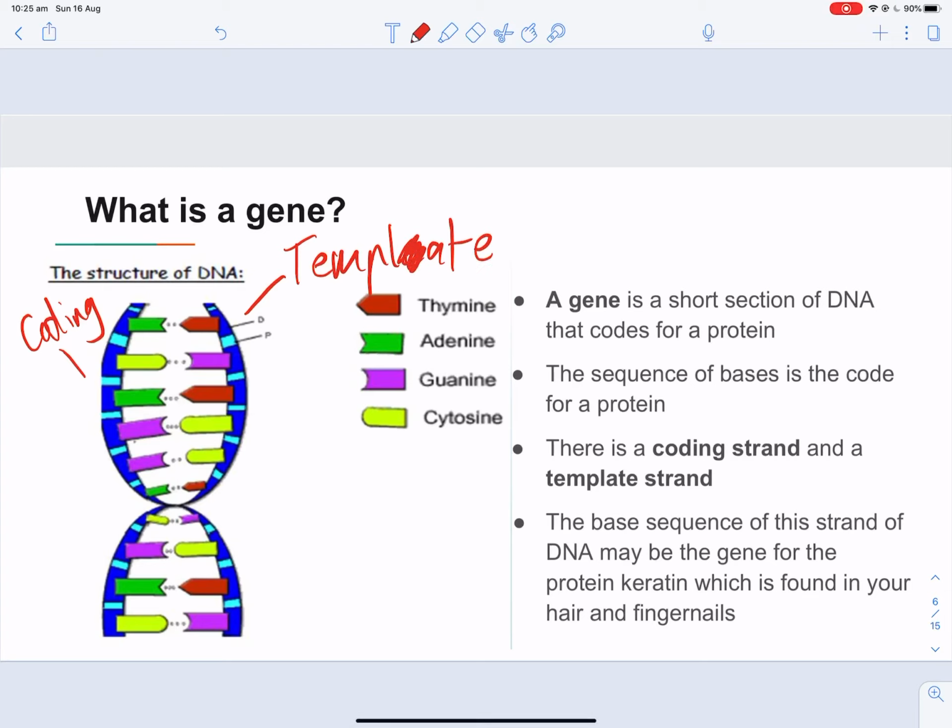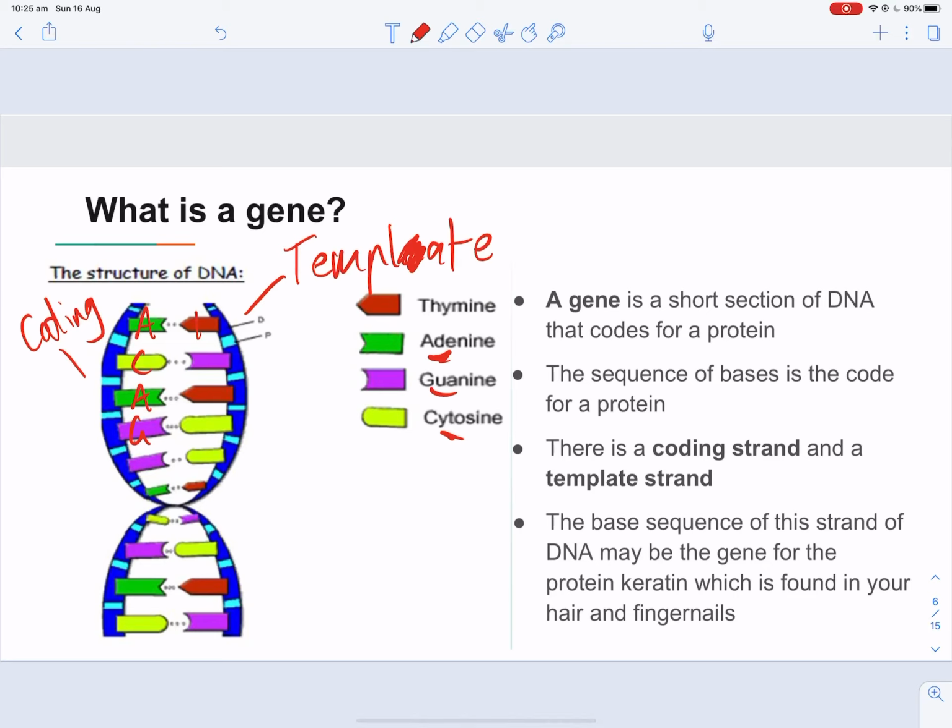Template. So the order of these bases of the coding strand are what instruct your cell to make a protein. So we can see that we have an adenine here, we have a cytosine here, we have another adenine here, we have a guanine here, and this template strand will be complementary.